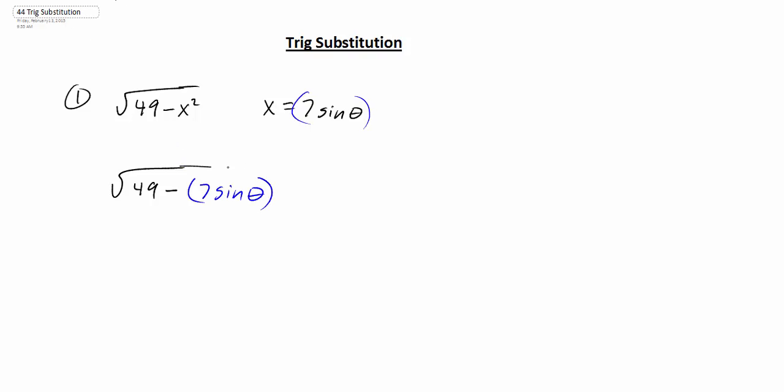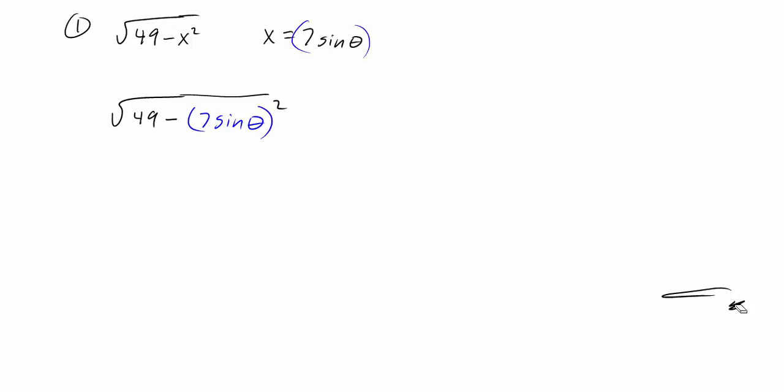We have to keep in mind that all of this is still going to be squared, so make sure you put parentheses around not just the sine, but also the 7. Now we simply simplify this. We would end up with the square root of 49 minus 7 squared, which is 49, and sine theta squared would be sine squared theta.